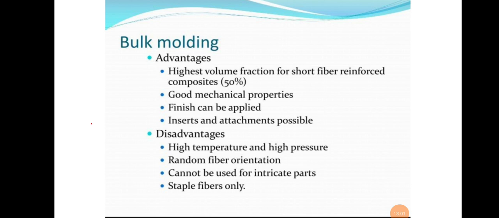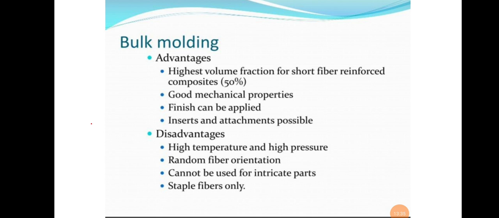Finishes can be applied exactly, so we get accurate surface finishing. Inserts and attachments are possible, and whenever we require some brackets, we can attach them by external press. If you have any blowholes or defects, we can apply an external process to minimize them. That is the major advantage of bulk molding.